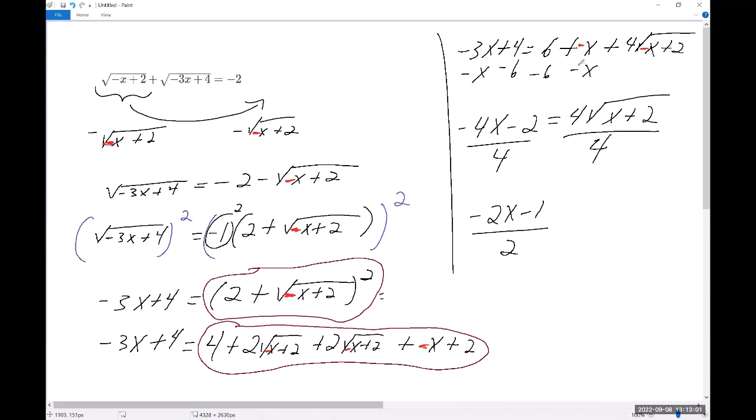So I should have added it instead, which makes this a minus 2. Which makes this a minus 1.